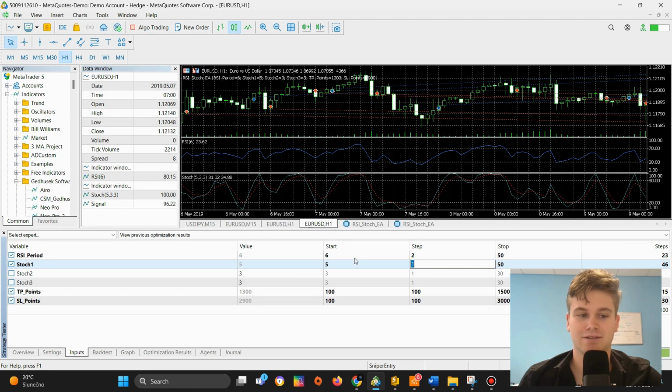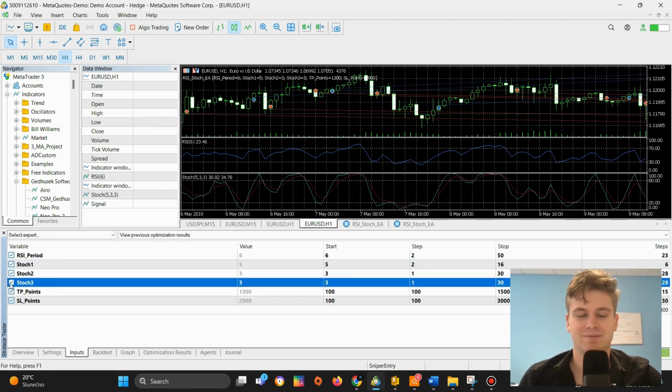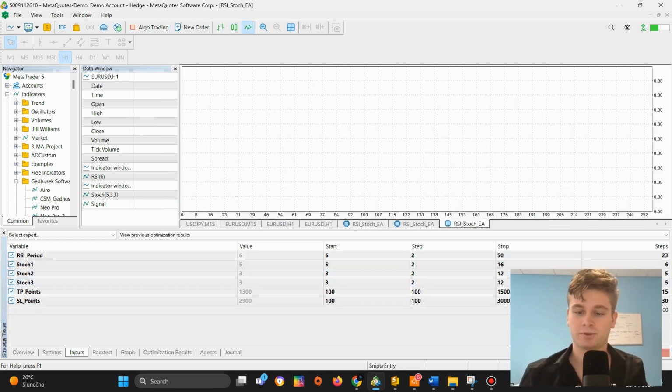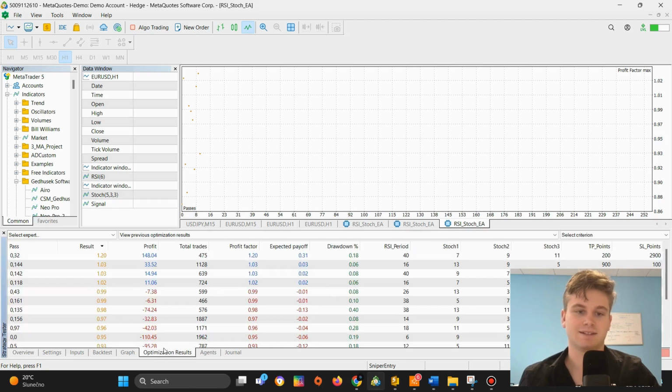So I will start at 5, increase by 2, and let's go to 16 maybe. And stochastic number 2 and 3, let's start at 3, increase by 2 as well, and let's go to 12 only. I hope this optimization goes well. If it doesn't, then it doesn't. So let's see what happens.